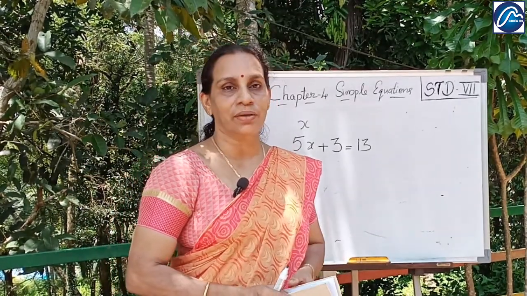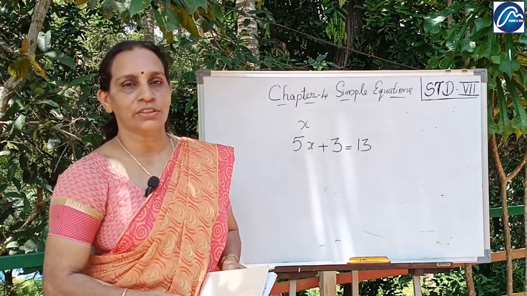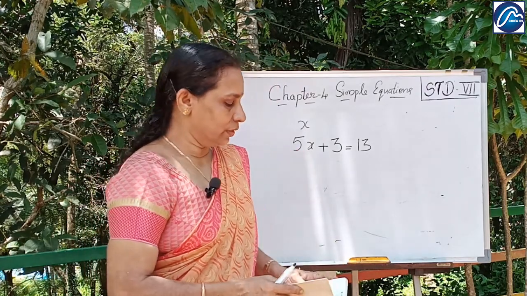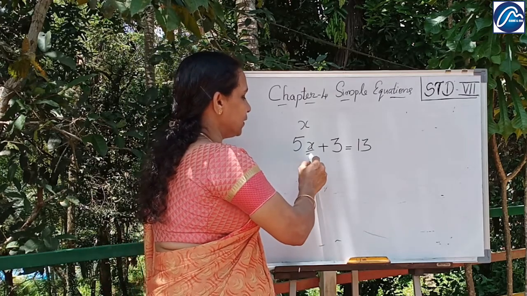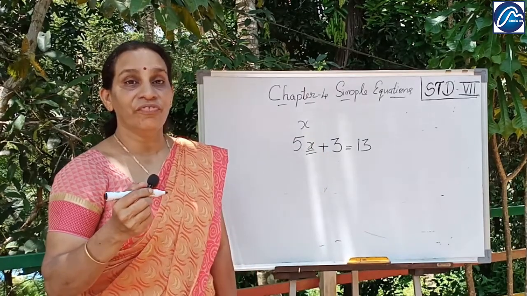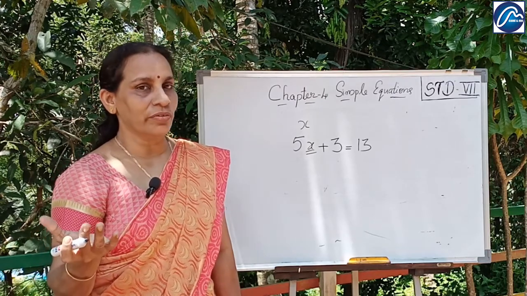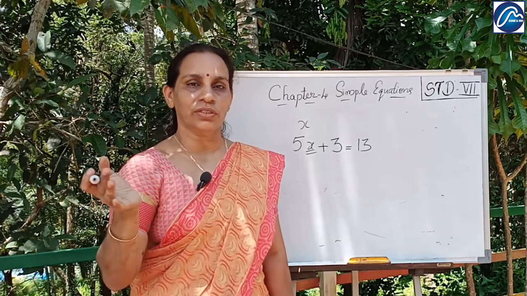This is how we form an equation. First we learn how to form an equation. Many of you can make equations like this. In this, x is a variable. x is known as a variable because we don't know its value. x can take any value, from 1 to any number.